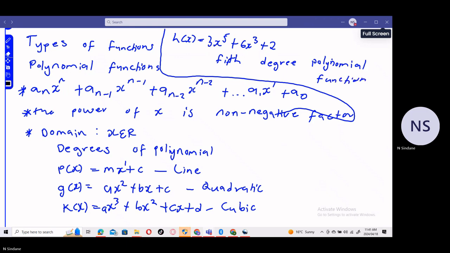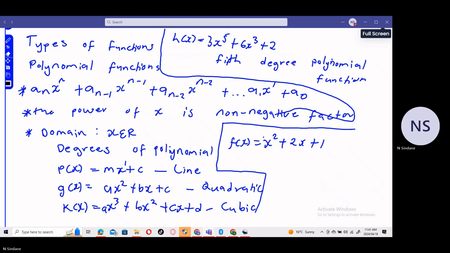If you are given f of x equals x squared plus 2x plus 1, in this case we have a quadratic function. It's a polynomial, and its name is a quadratic function.